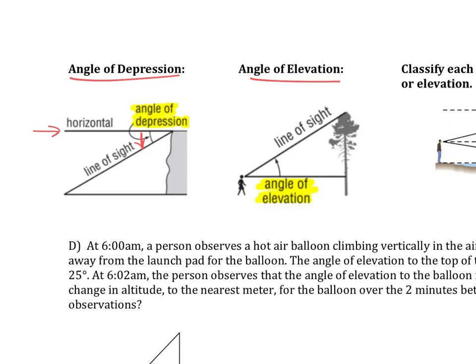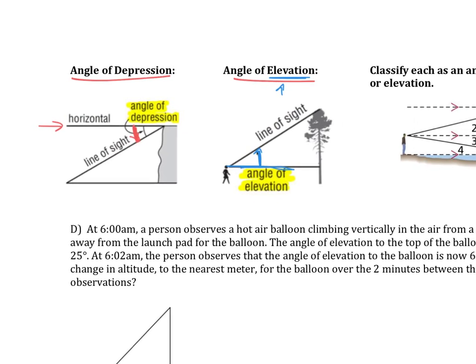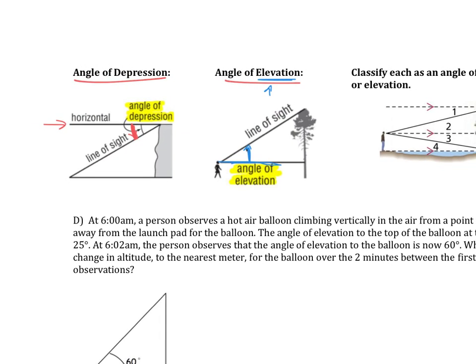So the angle of depression is the one going down from that line. An angle of elevation, right, when you take an elevator, the whole purpose is usually to go up. So when there's a horizontal line and you have an angle of elevation, you are going up from that horizontal. Okay, so anytime they mention depression, you're going down, elevation, you're going up.